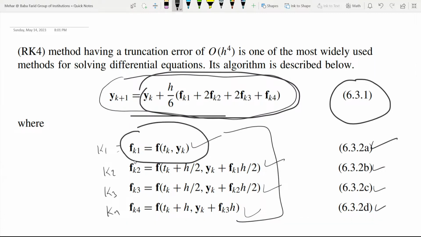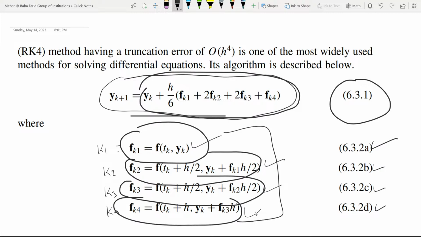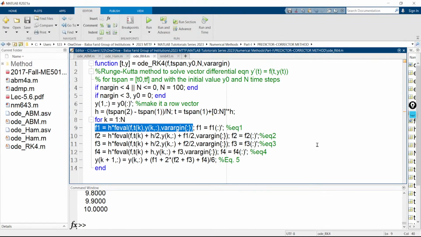This is F1, FK1, FK2, FK3 and FK4. So here is F1, h, F1. This will compute the function evaluation. This will calculate all the values for F. F is the function. Note the syntax very carefully. This is very important.